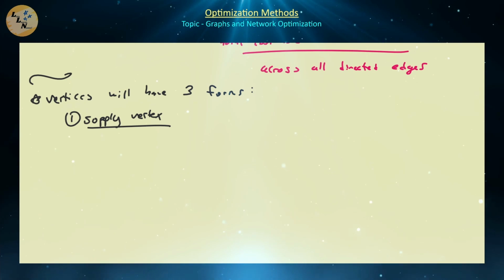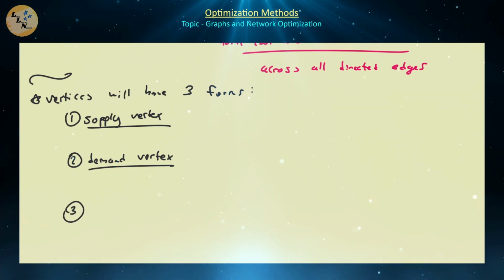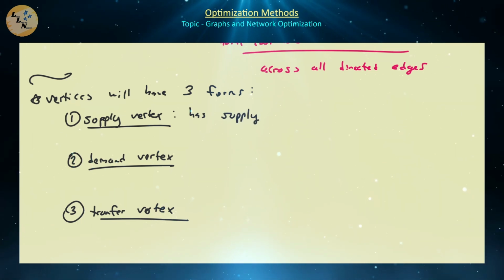The second is going to be a demand vertex. And then a third is going to be what we refer to as a transfer vertex. So a supply vertex is going to have a supply, and let's call the supply, say, bi, and let's assume that it's greater than 0.